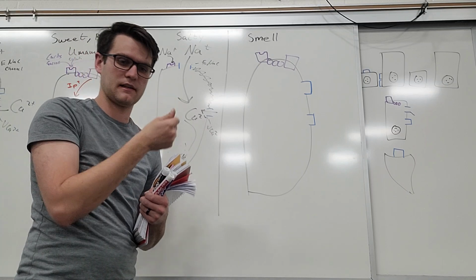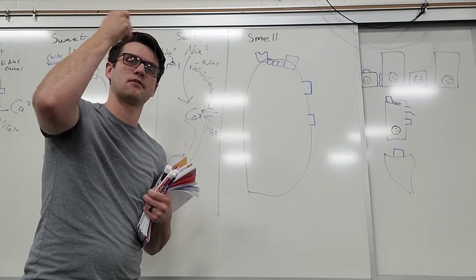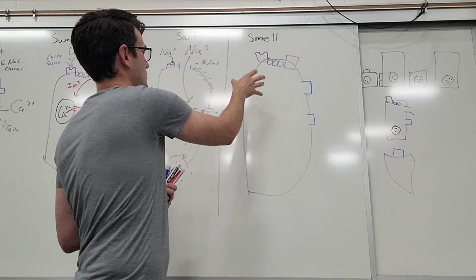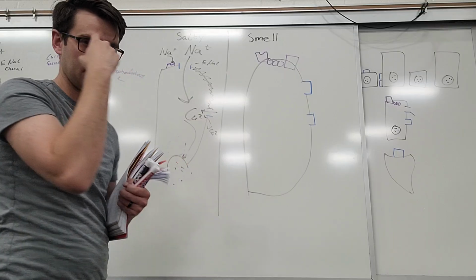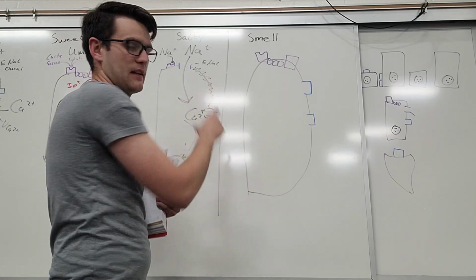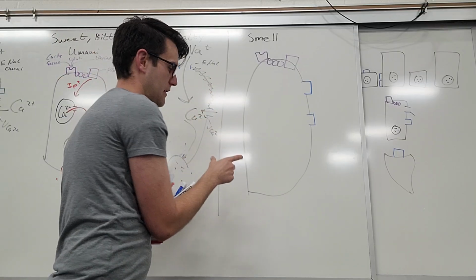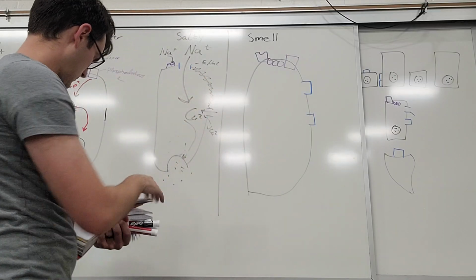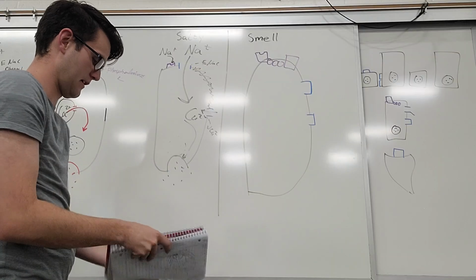That neuron is going to go through the cribriform plate into your brain, but this is essentially the dendrite of that neuron. So in the top of your nose, that connects into your olfactory nerve, which then goes into your brain. So this is how it's going to detect it. A very similar pathway here.